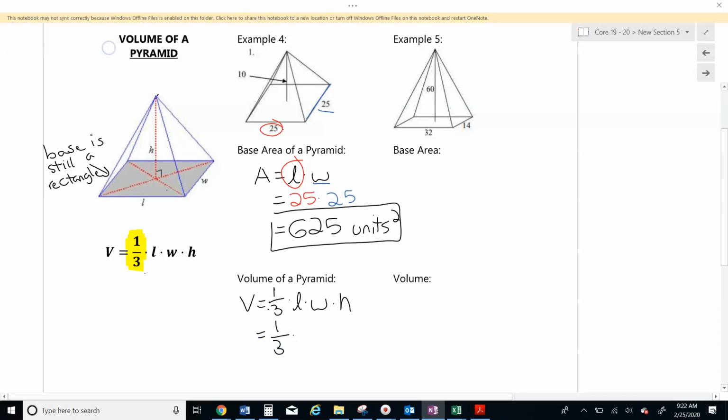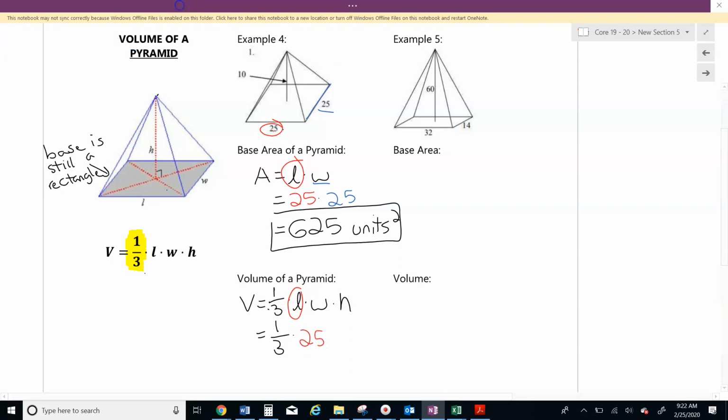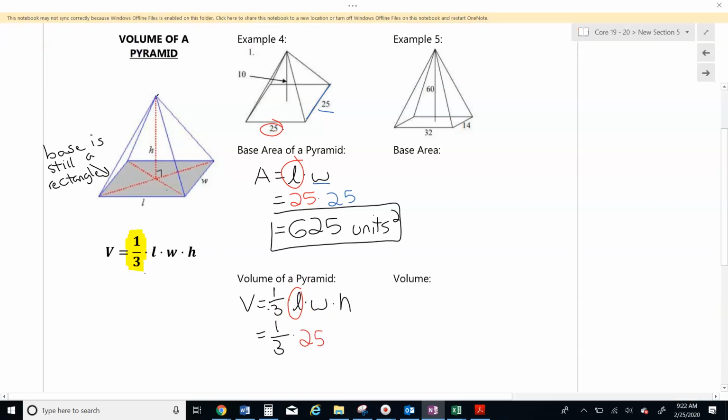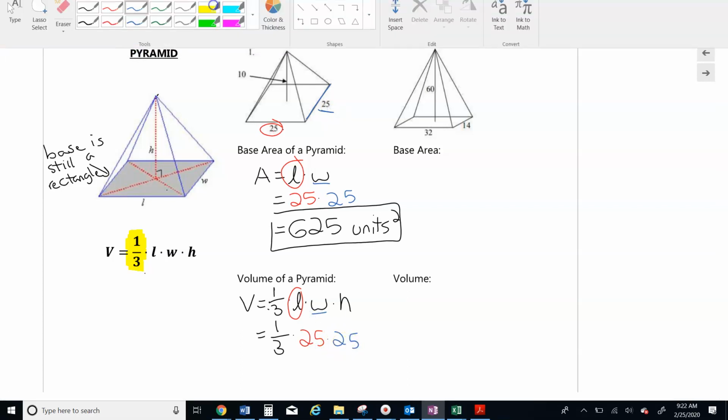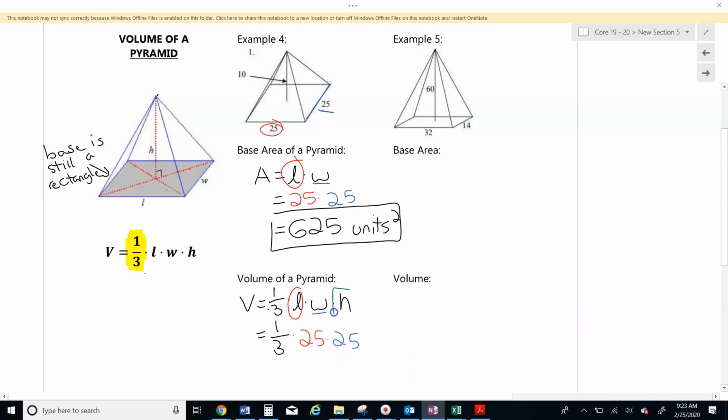Our length is still 25. Our width, right, is still 25. And our height is 10.